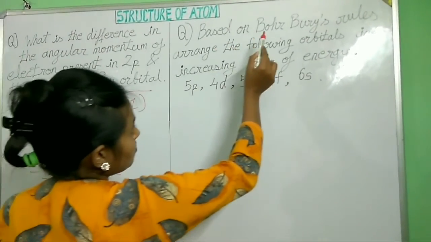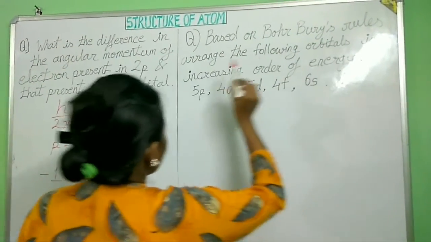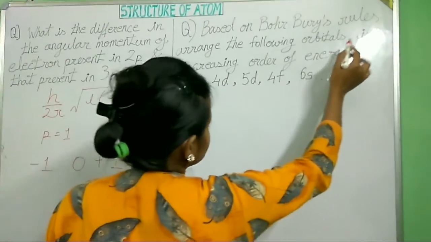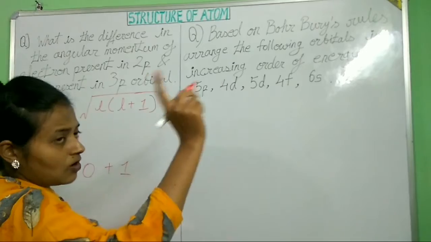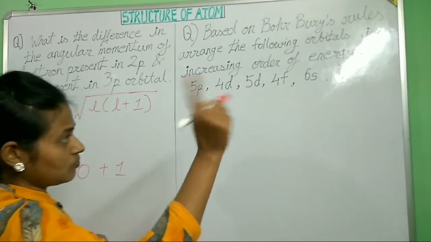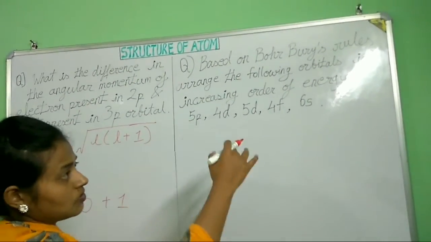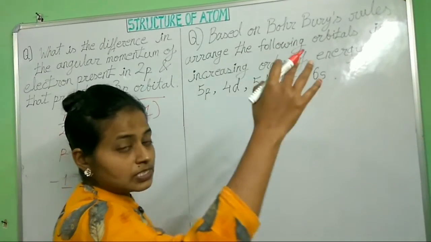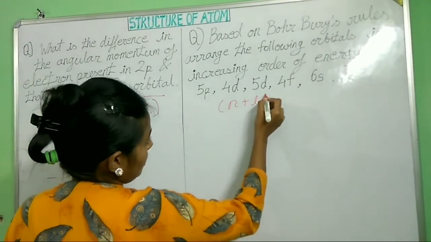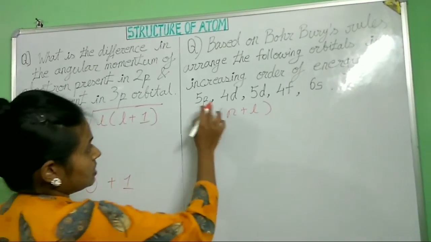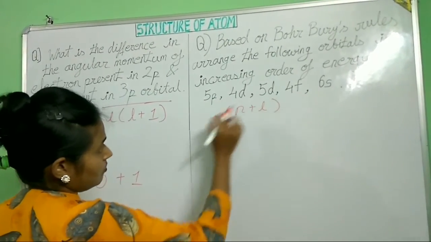Based on Bohr-Bury's rules, arrange the following orbitals in increasing order of energy. Now, according to the Aufbau principle, what we have studied, the electrons are filled in the orbitals according to the n plus l rule, right? So let us see the n plus l of all these.